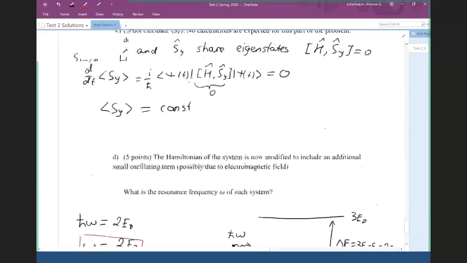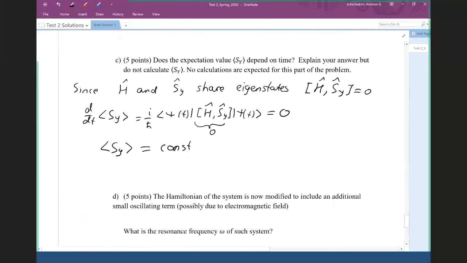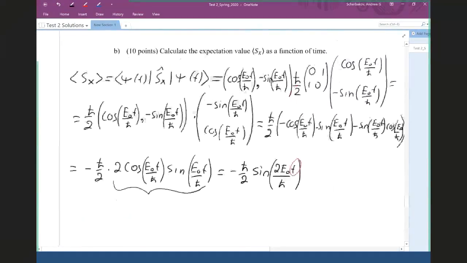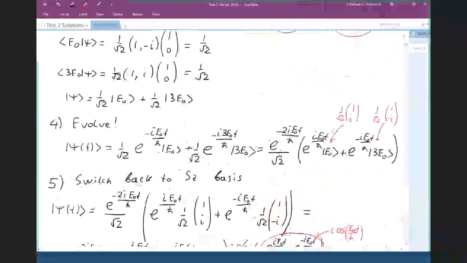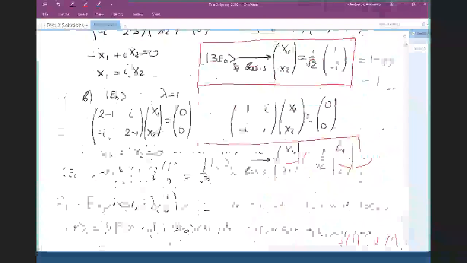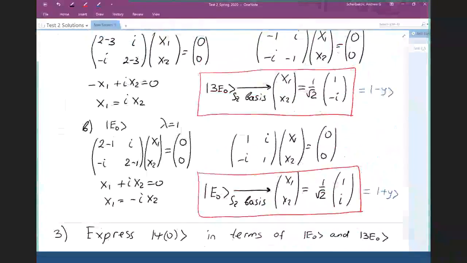That's because I noticed at the very beginning over here, I looked at the eigenstates of the Hamiltonian. You see how they look? 1 over root 2, 1 over root 2, 1 negative i, in the Sz basis. But this is the minus y ket.